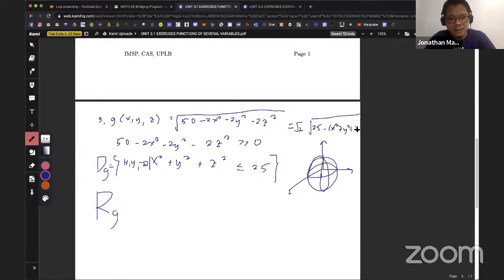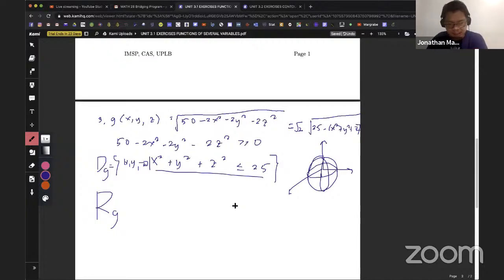And from this expression, take note that x squared plus y squared plus z squared is greater than or equal to 0. But we also have this inequality: x squared plus y squared plus z squared is less than or equal to 25.